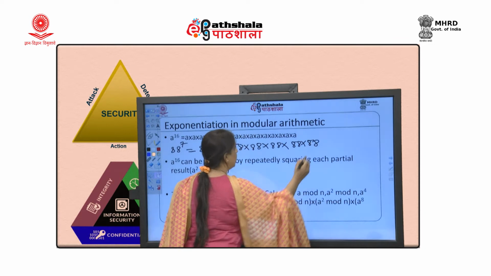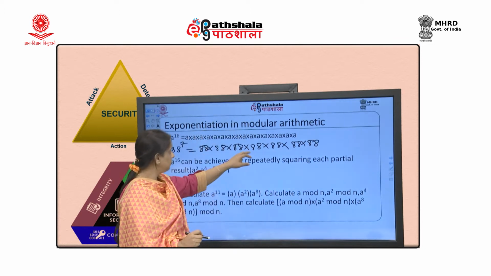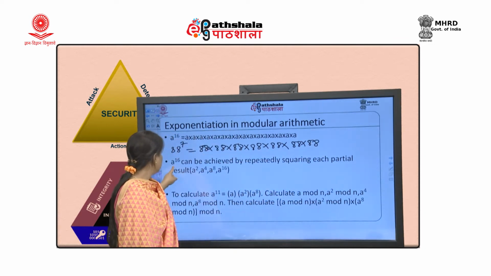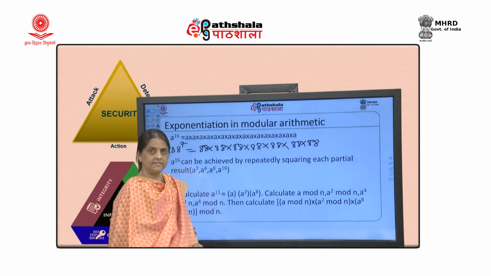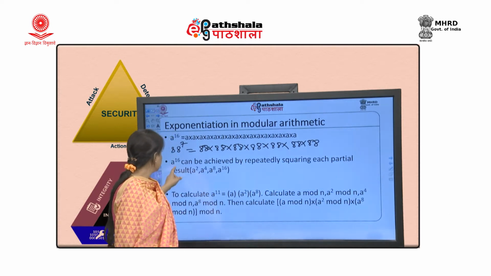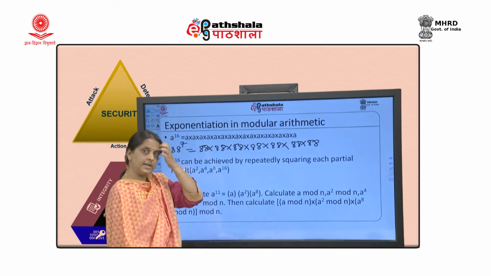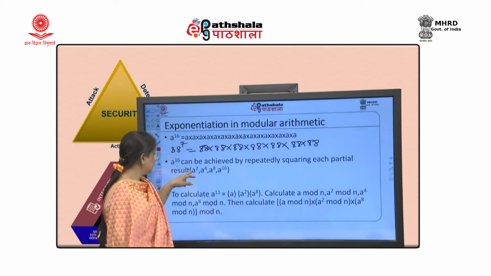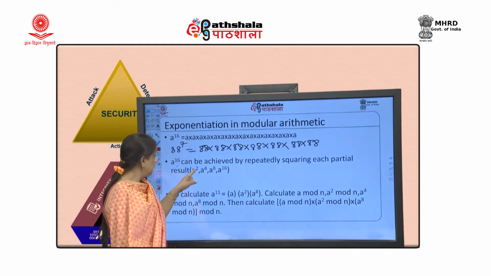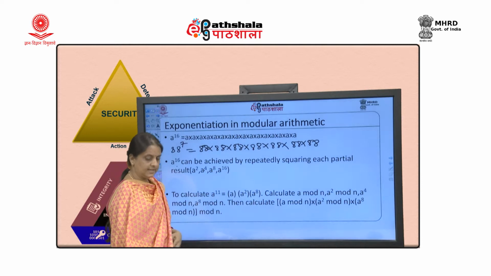Am I correct? Did I write 7 times? 1, 2, 3, 4, 5, 6, 7. Now, is there any easy way to calculate it? a raised to 16 can be achieved by repeatedly squaring each partial result.